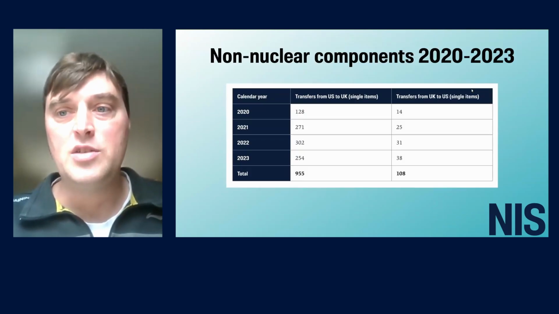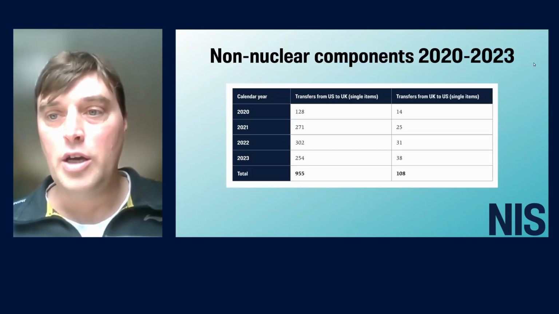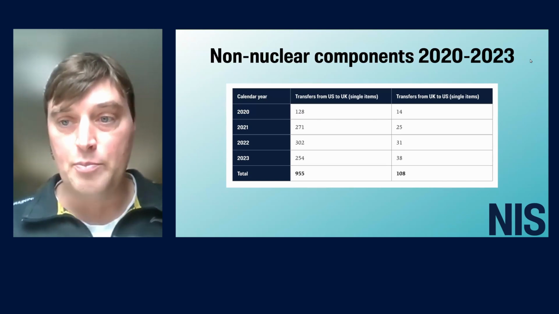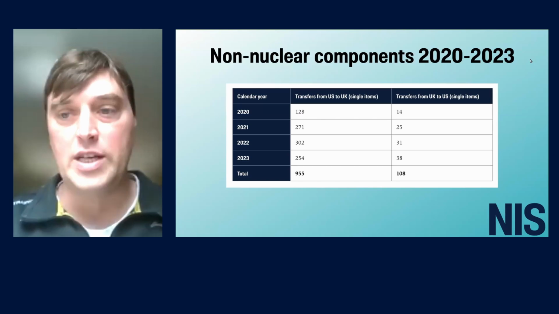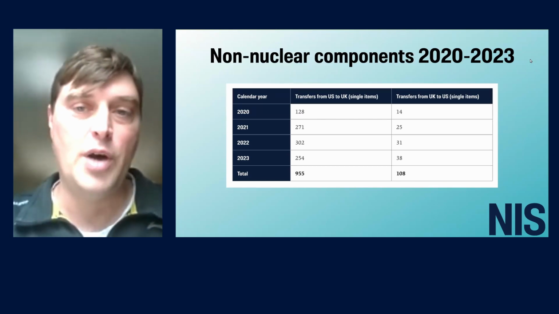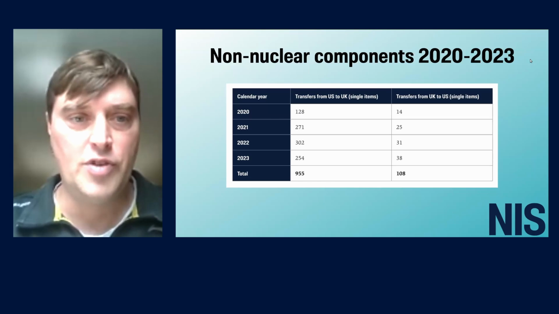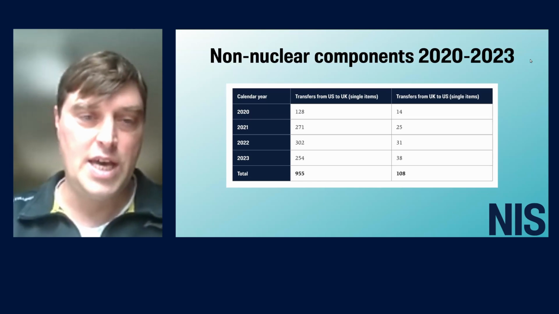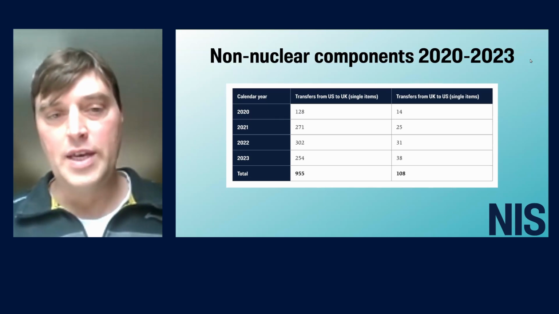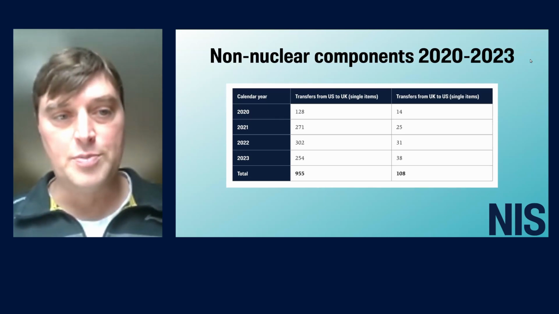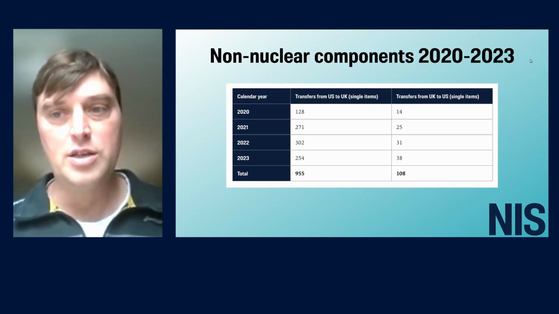So we did some freedom of information work, looking at various things. Most of our requests were rejected, but we were able to get some figures on the transfer of non-nuclear components between 2020 and 2023. You can see the figures there on your screens. A couple of things that I would highlight about these is the quite substantial jump between 2020 and 2021.